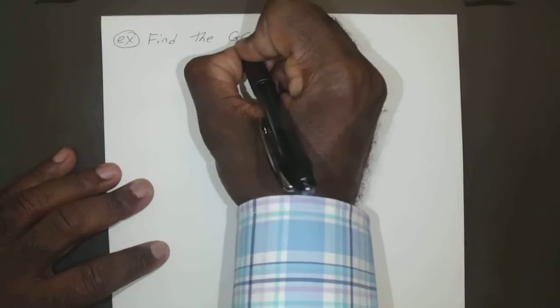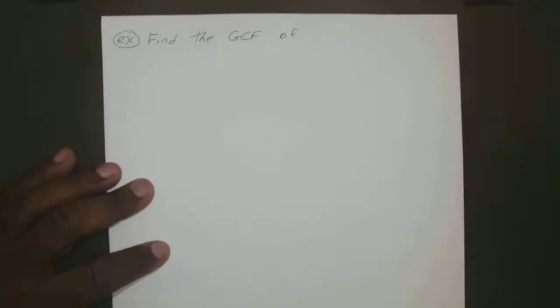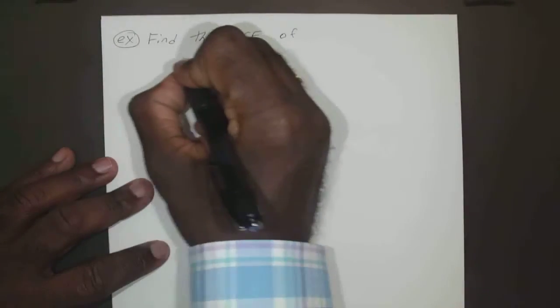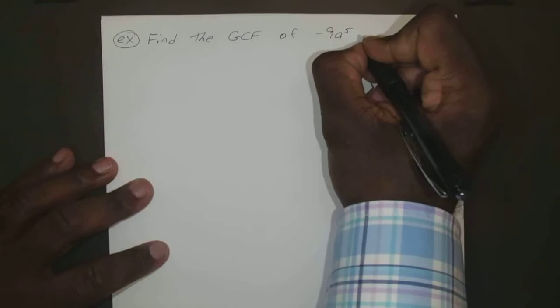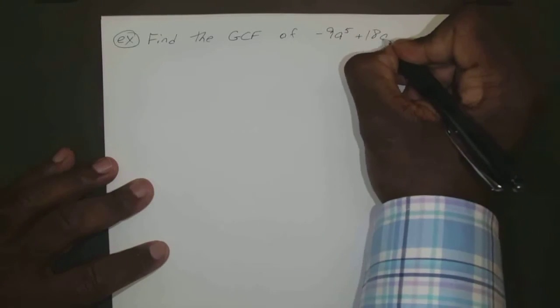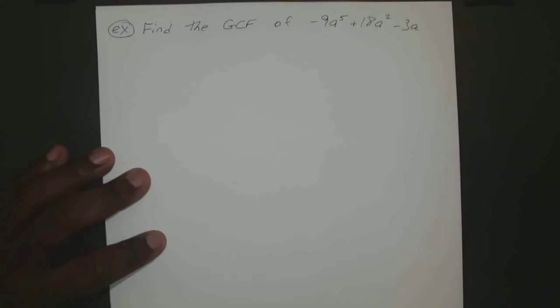Okay, so find the greatest common factor of, let's say, -9a to the 5th plus 18a squared minus 3a.